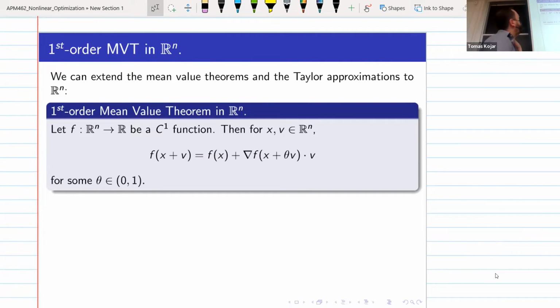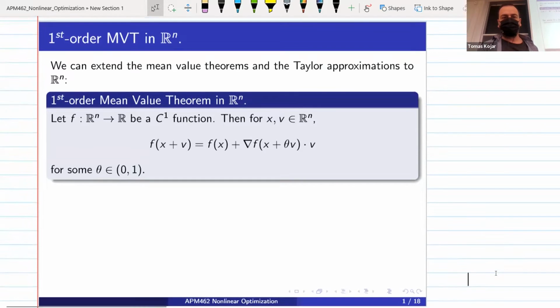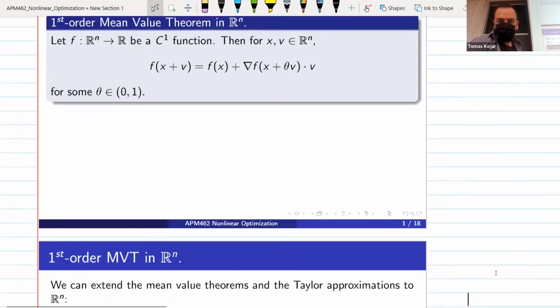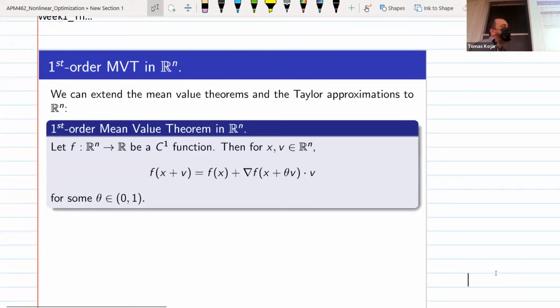All right. Today is the last day for review. I'm going to go over the mean value theorem in Rn, vectors in Rn, and the implicit function theorem. So we saw this last time for R1. Instead of the derivative, we have the gradient.